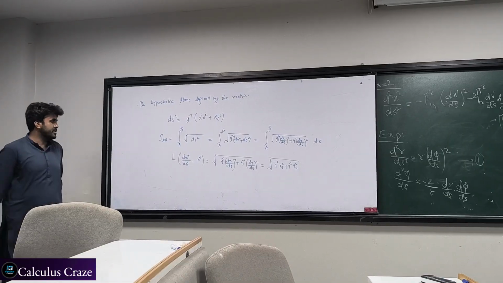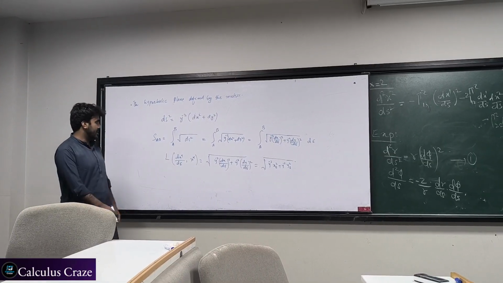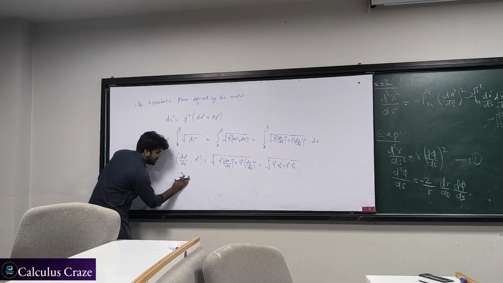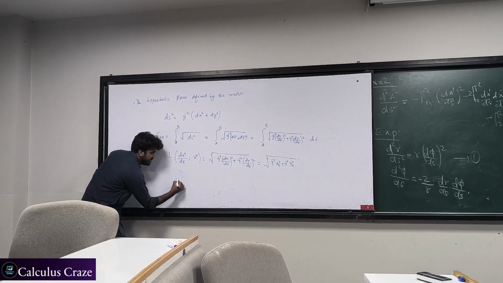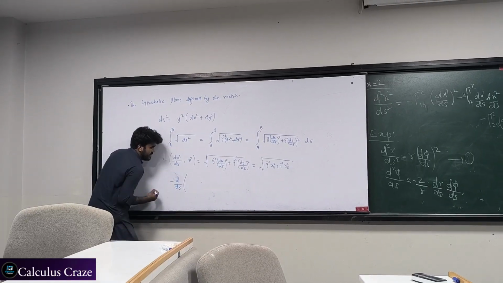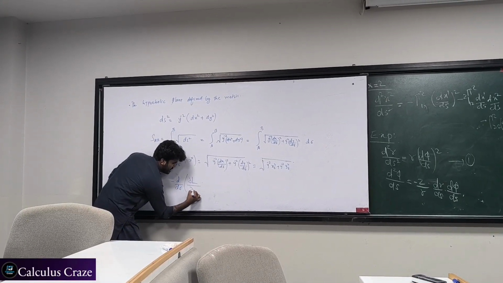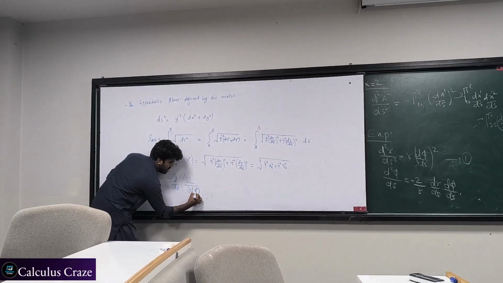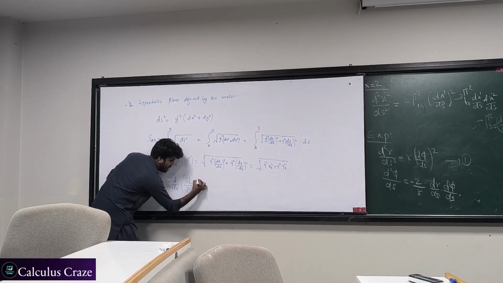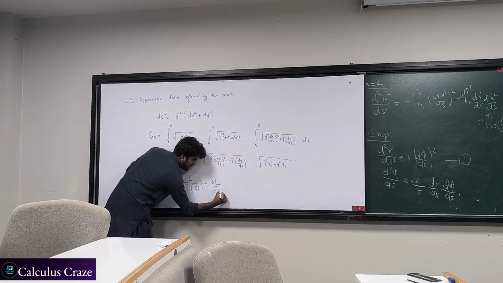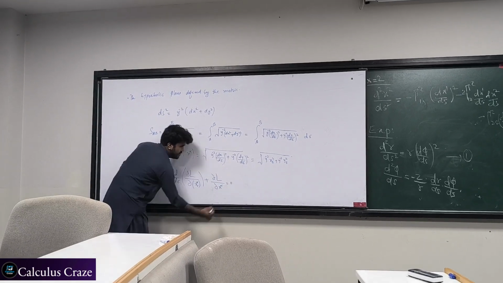From the variational principle, the equation of geodesics will be given by d by d sigma of partial L by partial x alpha sigma, minus partial L by partial x alpha, equal to 0.